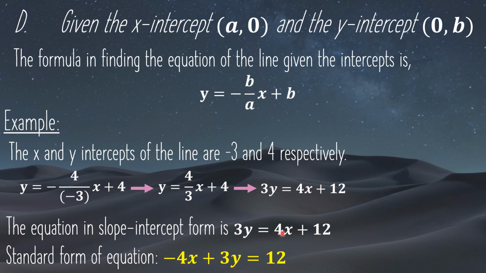We transpose positive 4x to the left side, kaya naging negative. And then, yung y ay may numerical coefficient pa rin na 3 dahil ang hinahanap naman natin ay ang standard form equals positive 12. Again, pwede natin gawing positive ang x dito. So, magiging positive 4x minus 3y equals negative 12.